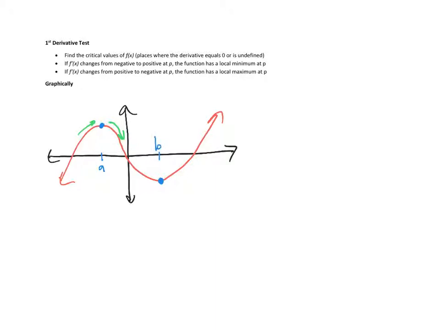At x equals b, if we called this other point b, we would say that that is a local minimum. The reason it's a local minimum is if you look as you approach b, the derivative would be negative because the function is decreasing. And to the right of b, the derivative would be positive because the function is increasing.